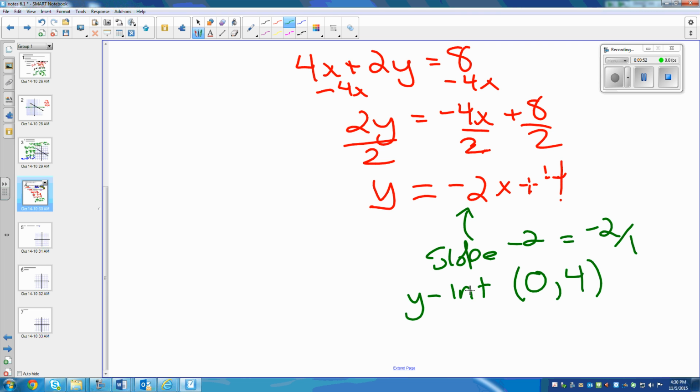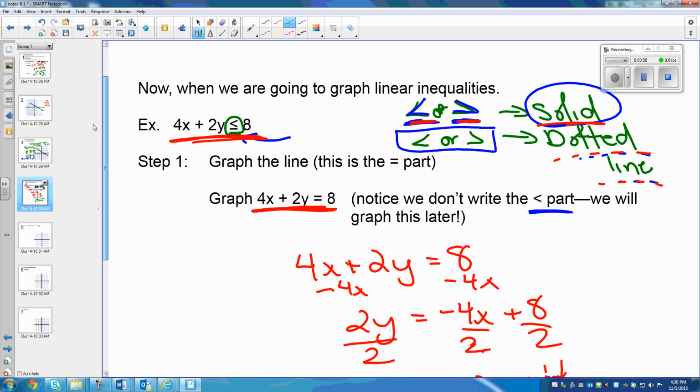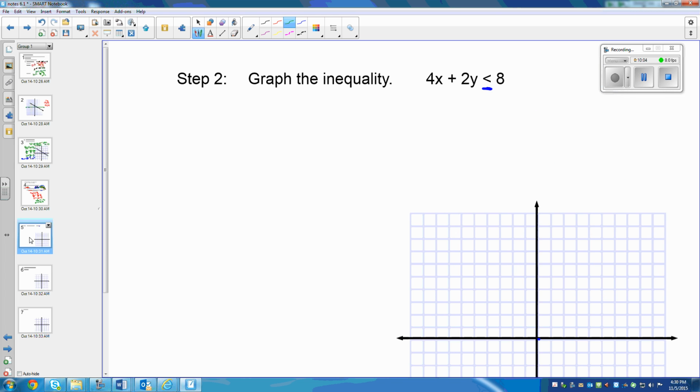So let's take this equation and go graph it. Am I going to draw a solid line or a dotted line? In this case, because it says equal to, I'm going to draw a solid line, okay? When we look at this question, our y-intercept was 0, 2.